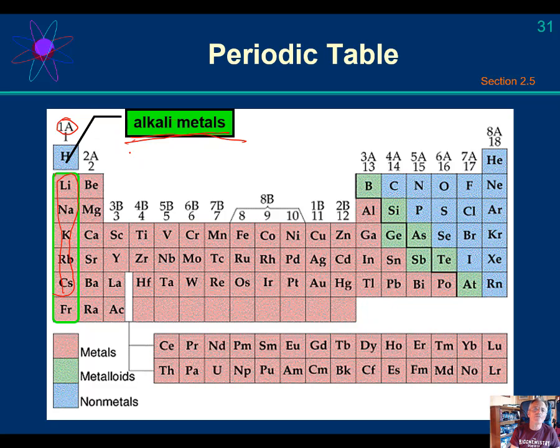Now, I've said before that metals have this propensity to lose electrons. That is, they do what we call oxidize. That's what we mean by losing electrons. And that means they become cations. So if I take lithium metal and I oxidize it, it oxidizes to a +1 and it spits off an electron.